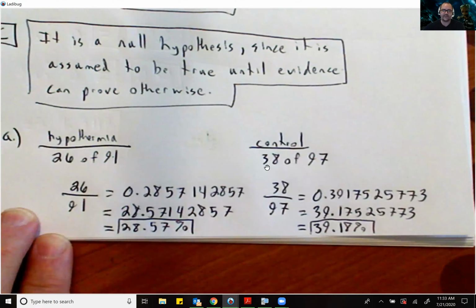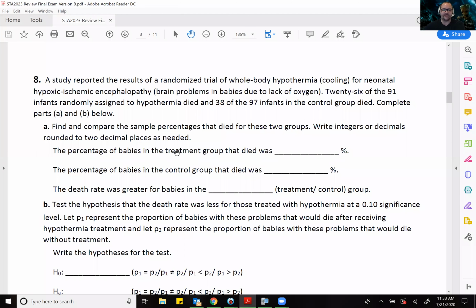If we go back, percentage of babies in the treatment group that died, 28.57. Percentage of babies in the control group that died, 39.18. So the last part here, the death rate was greater for the babies in blank. Well, which one was the higher percentage? And you'll select control. Okay. So that's part A.